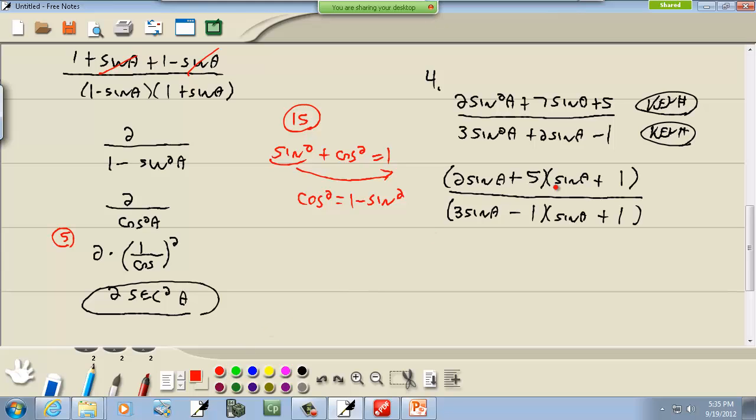So after we factor the top and factor the bottom, we see the sine theta plus 1s cancel. And we've got 2 sine theta plus 5 over 3 sine theta minus 1.